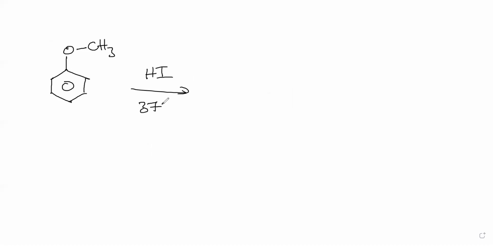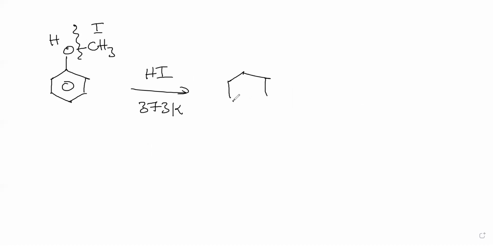The next one is, suppose I treat this with HI at 373 Kelvin. What I have to do is break this bond, give hydrogen to oxygen and iodine to CH3. Simply like this you can remember.